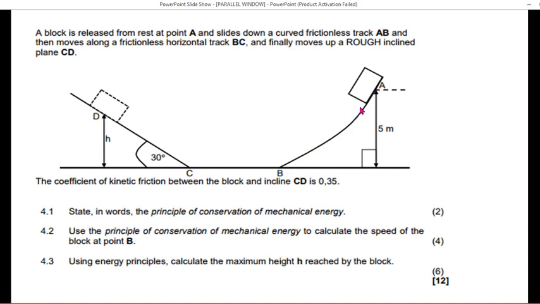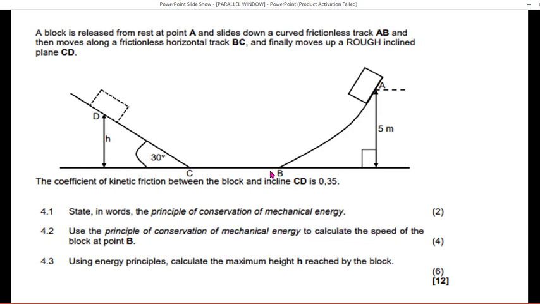And then we also know that this surface is frictionless. And at point B, it continues to move. It has a velocity. So it means its velocity at point A, or speed, is 0 because it's at rest.